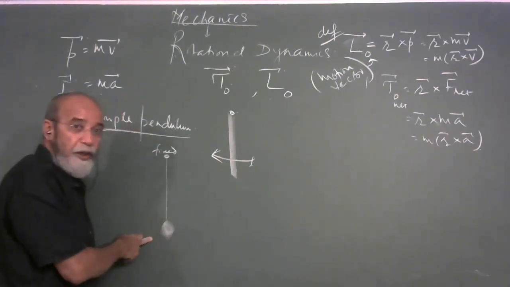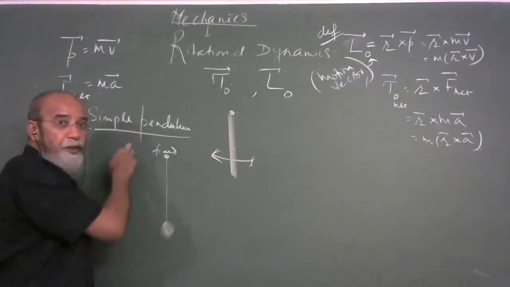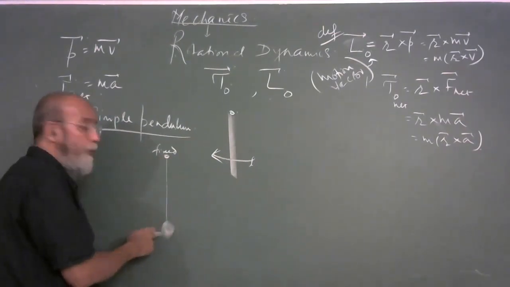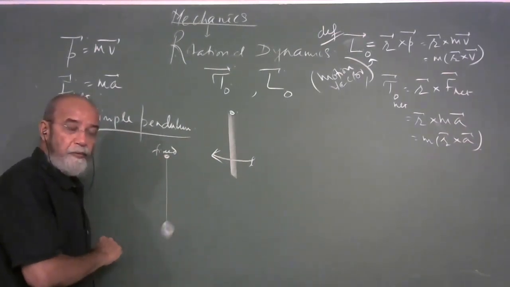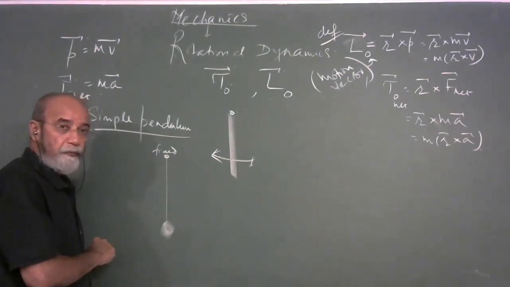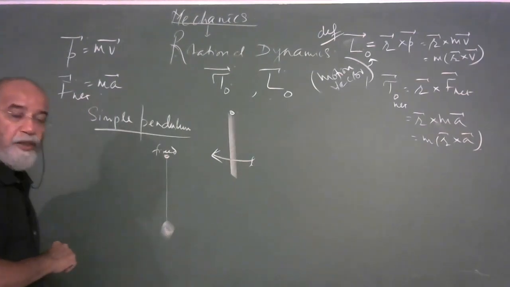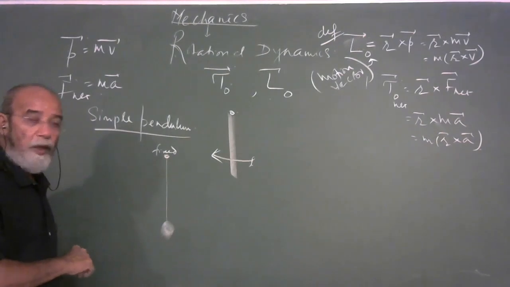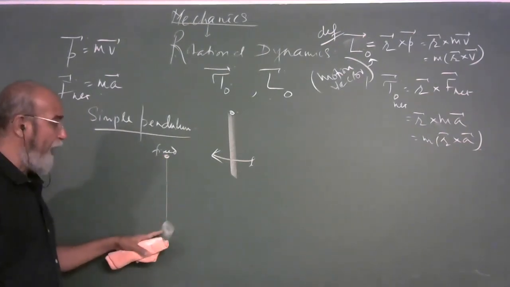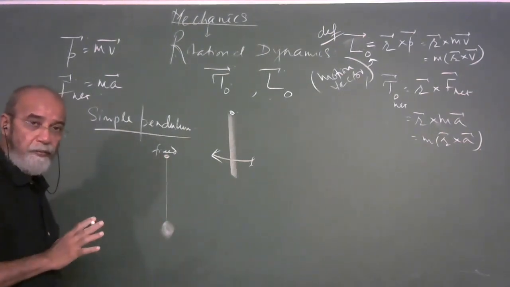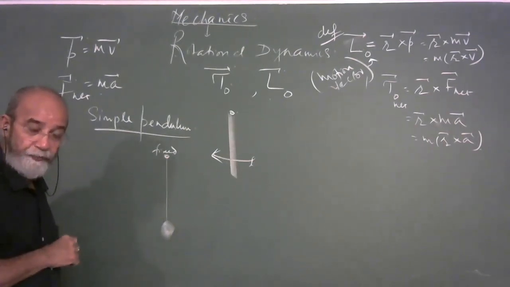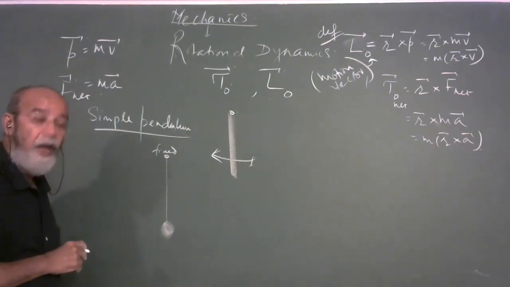Does it have to oscillate to be called a simple pendulum, or is just a simple string with a bob hanging on it a simple pendulum, Mr. Sajiv? Is a string with a bob hanging a simple pendulum, or does it have to oscillate to become one? It is a simple pendulum.